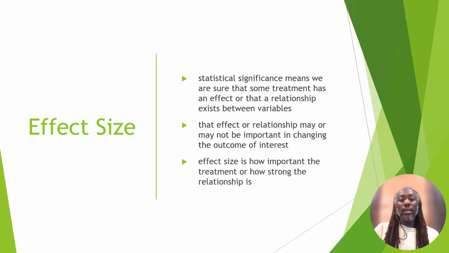Effect size, on the other end, tells us how important or how strong some particular treatment is as it relates to some particular outcome or another variable. So effect size is the closest analog we have in statistics to the common term significance, or how we use the term significance commonly.